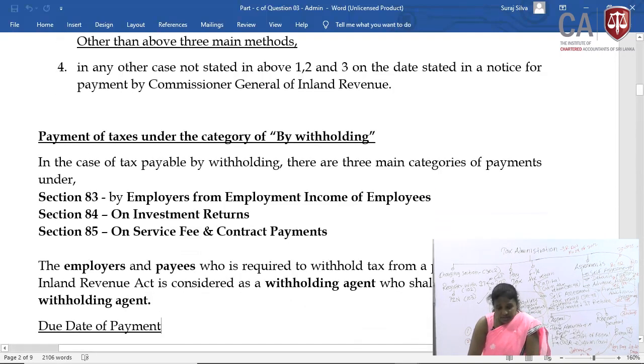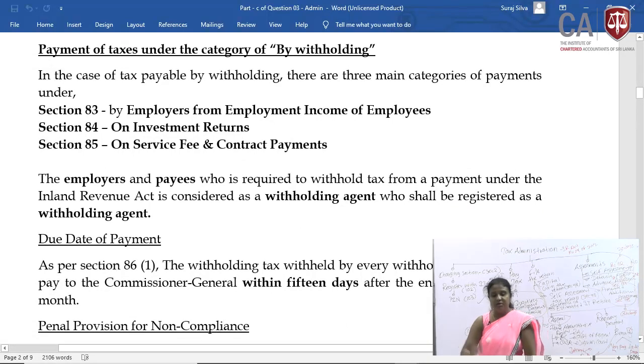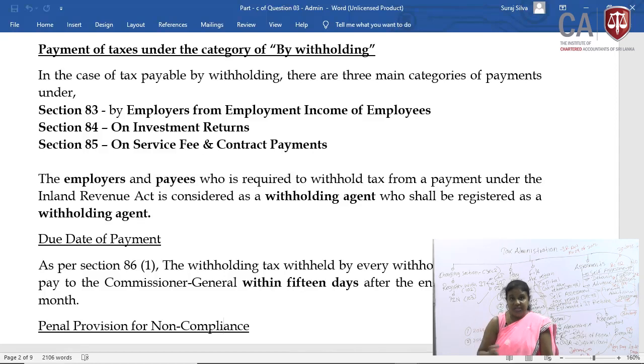Then payment of tax under the category of withholding. Now, taking one by one, we will see what the explanation is, what the penal provisions are and what the due dates of payment are. In the case of tax payable by withholding, there are 3 main categories of payments under sections 83, 84 and 85. 83 is for withholding tax deducted by the employer from the employee, it's PAYE tax. 84 is withholding tax on investment returns like rent, royalty, interest.